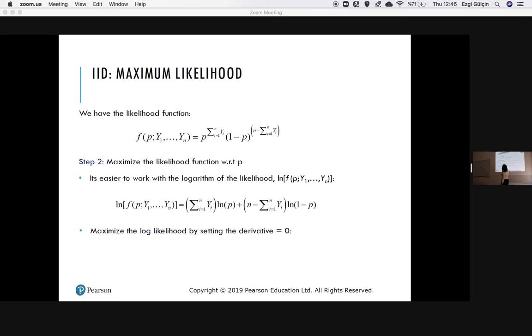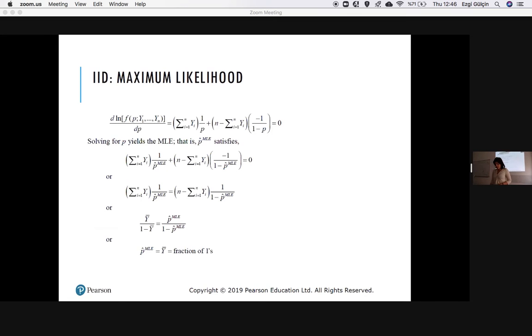Okay, then we take the log because it's easier to work with the logarithm of the likelihood, and this again depends on p. And then we maximize the log likelihood by setting the derivative of the log likelihood equal to 0. This is what we did also with the OLS. We just made some formulas. I gave you these formulas just because in your book they are not there. So for the ones who are interested, you have all the steps here.